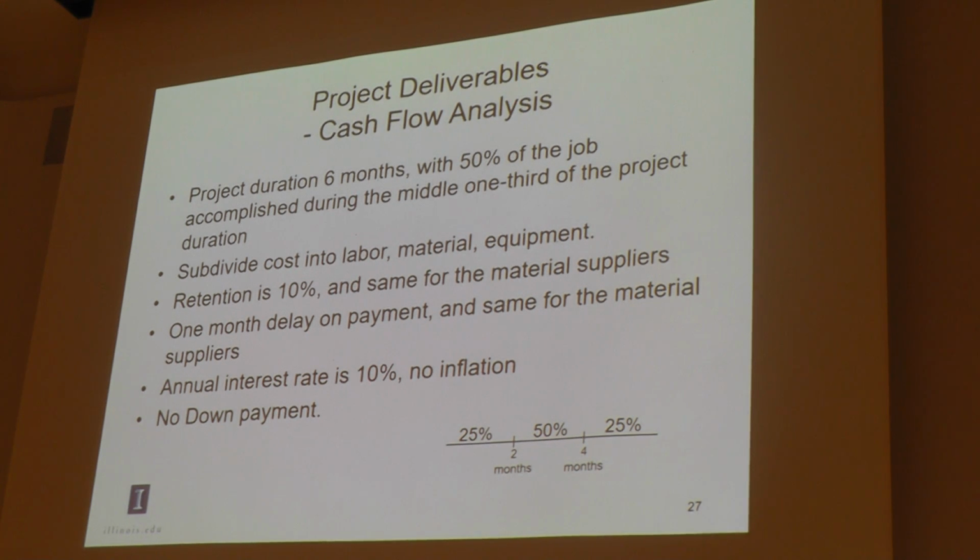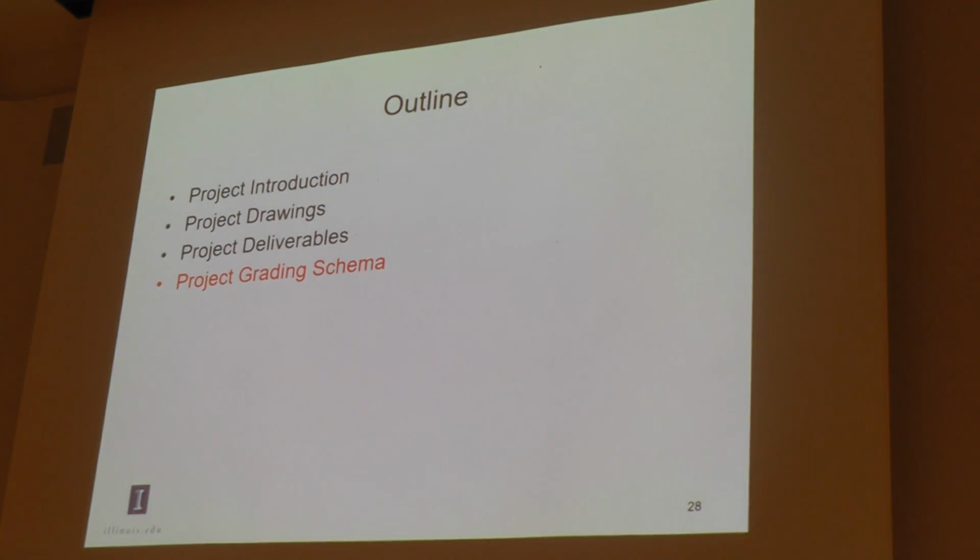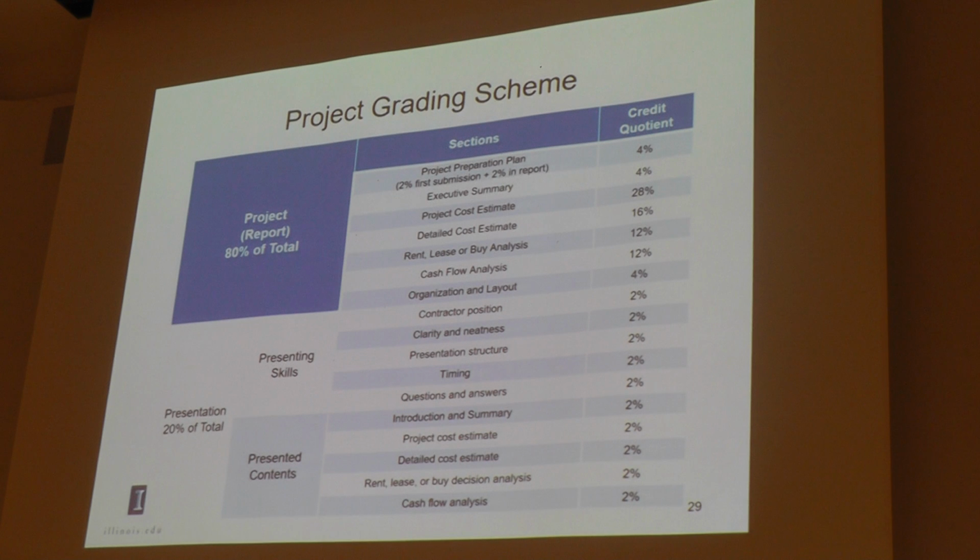So if you get confused with the concept, don't worry. Again, we will be covering this concept and the cash flow analysis in the later lectures. So the last thing is the grading schema, and we have 80% of the total grade for the project coming from the final project report, and 20% of the grade comes from the presentation.